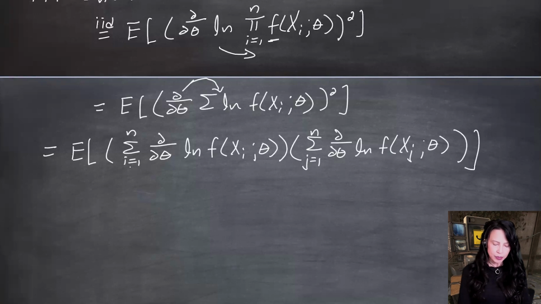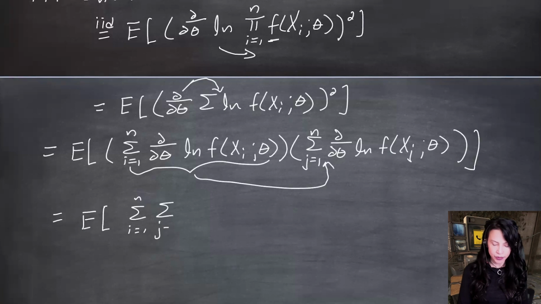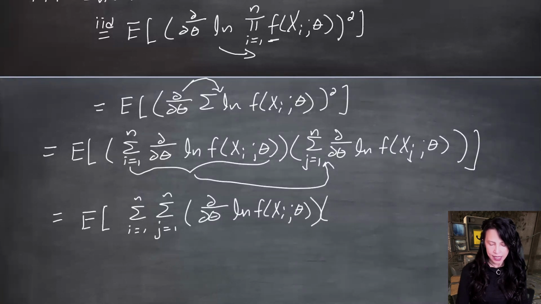Okay, so I could pull this whole thing inside this sum, and you end up with a double sum. So this is the expected value of the sum. I'm just going to write the i sum first, and then d theta log f of Xi and theta, d theta log f of Xj and theta.